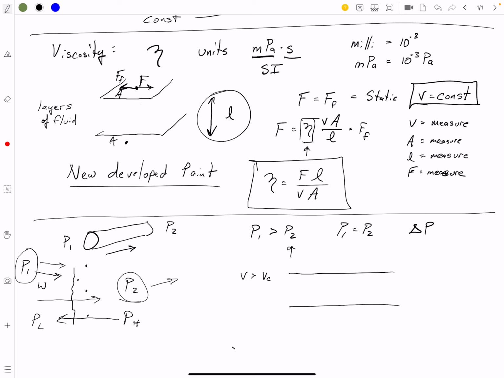When it's greater in this situation, the laminar flow that would normally be there, smooth layered flow, all of a sudden develops eddies. Eddies start to develop, and what do you know? What happens when these curlicues start happening?